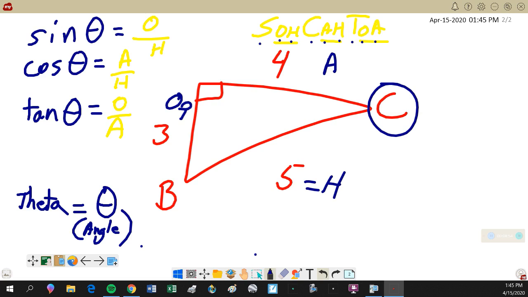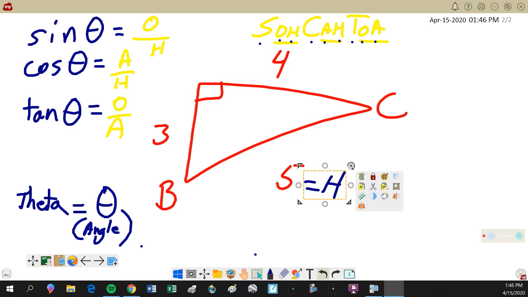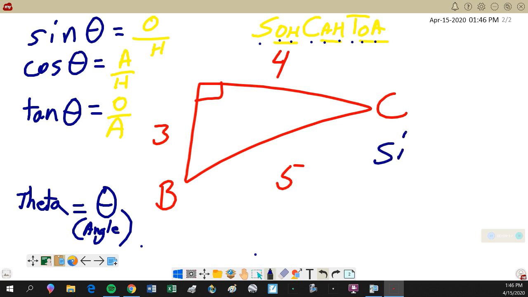So, what do we do with this? Well, let me get rid of a couple things. Let's say that you wanted to know what is the sine of C. Well, that tells me which angle to pick.